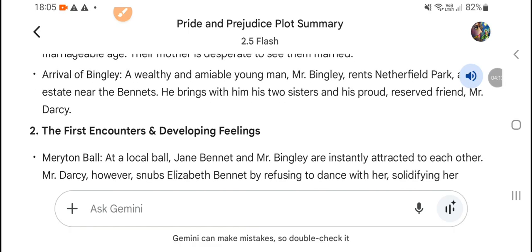Now they live in Longbourn, but then in their neighborhood comes the arrival of the Bingley family. There is a place, Netherfield Park, where the Bingley family comes to live.